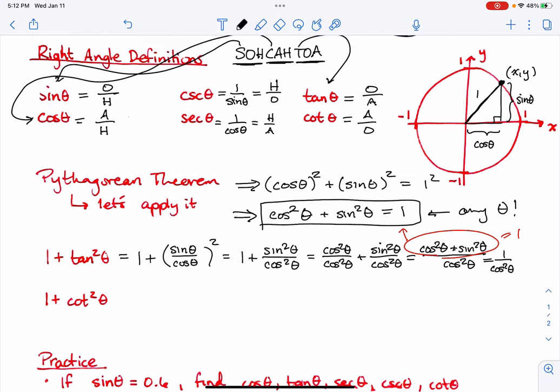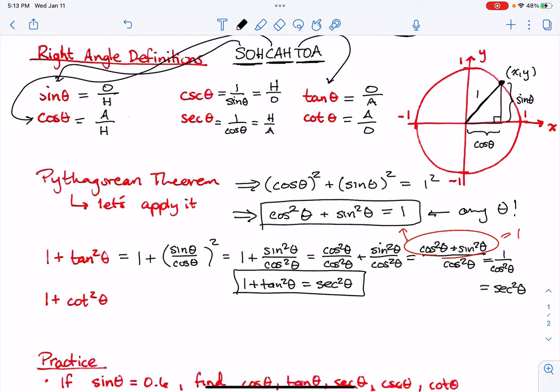Is there maybe a simpler form we could put even that in? Well, think about the reciprocal of cosine. We said that was secant, way up here. So if that equals 1 over cosine squared, that's the same thing as secant squared. And that's the identity. So, just to summarize, 1 plus tangent squared theta equals secant squared theta. It's a really nice identity.